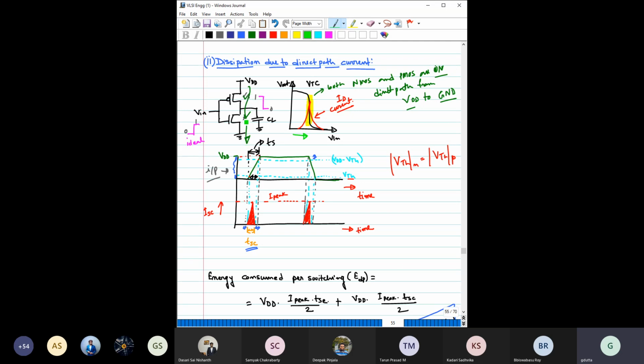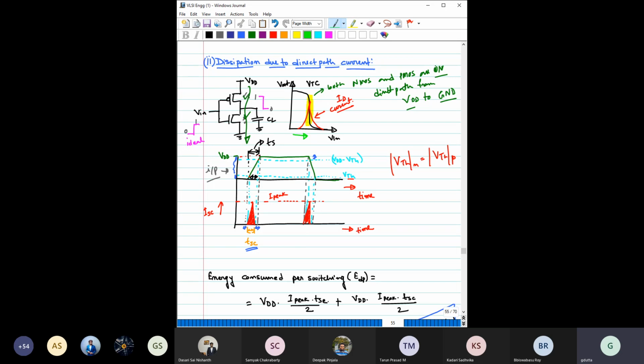Shorted means basically a direct path, even though it's not actually shorted, because there is a resistance offered by this MOSFET as well as this MOSFET. But what I mean is there is a direct path between VDD and ground. If there is a direct path, then it will also cause some power dissipation.